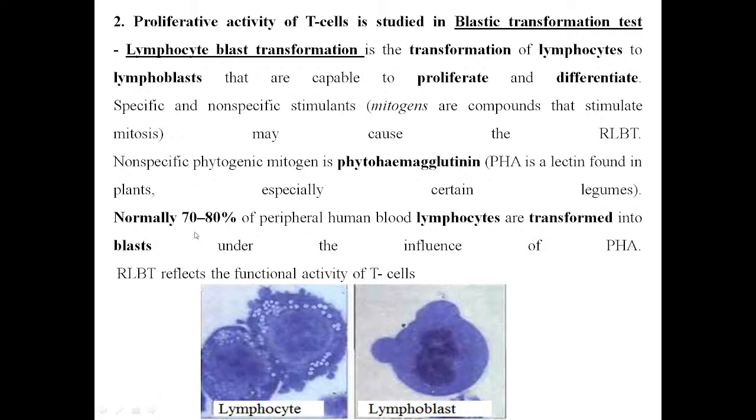Normally about 70–80% of peripheral human blood lymphocytes are transformed into lymphoblasts under the influence of phytohemagglutinin or other mitogens. So this blastic transformation test reflects the functional activity of T cells, their ability to differentiate.